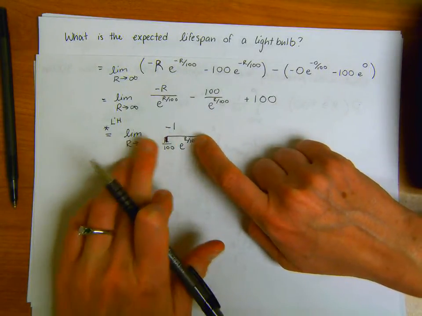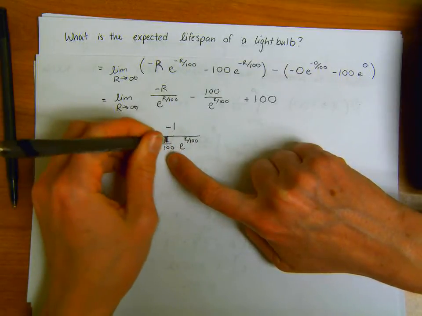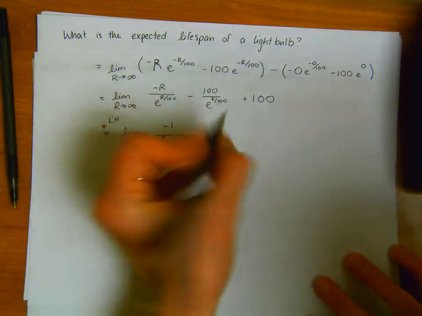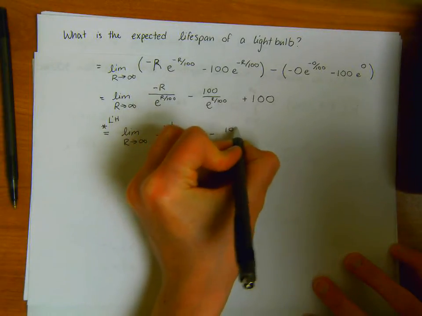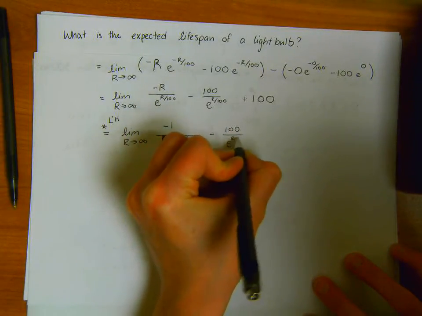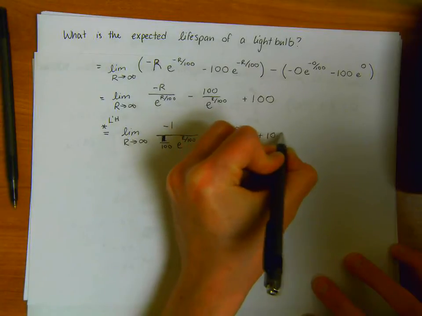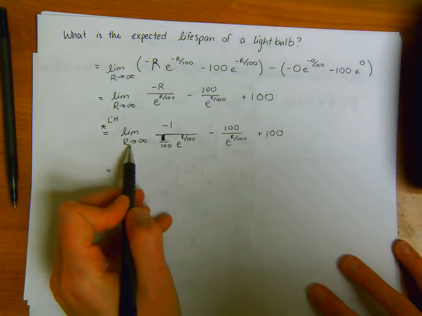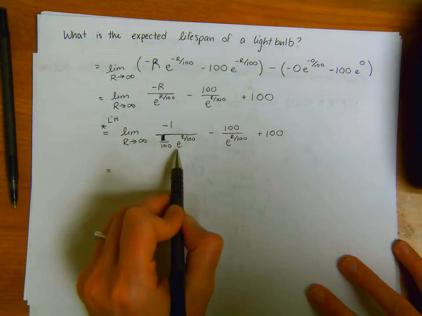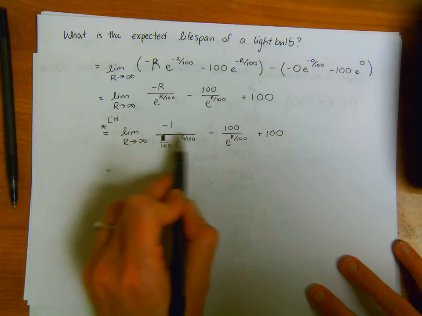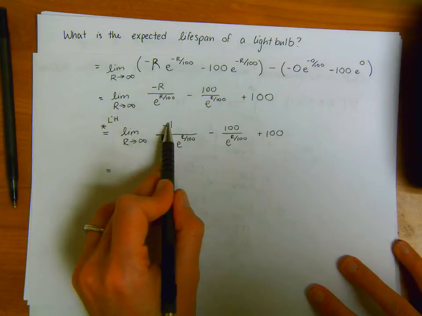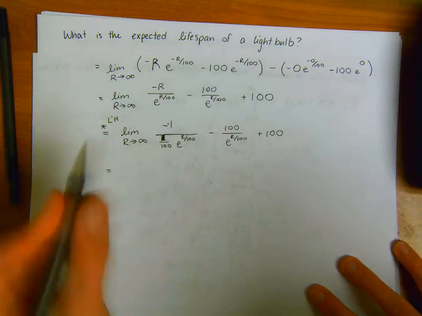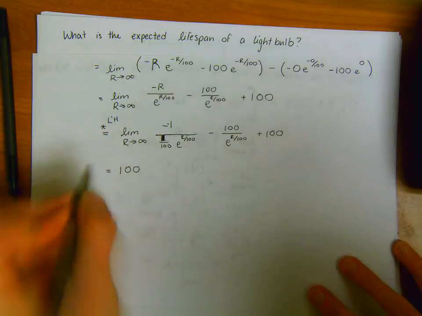By chain rule, I'm also multiplying by 1 over 100, because that's the derivative of the exponent, minus all of this stuff. So now we can evaluate the limit. When I plug in r going to infinity, I see that this is going off infinitely, so this goes to 0. This is also going off infinitely, so this goes to 0. Plus 100 gives me a value of 100.